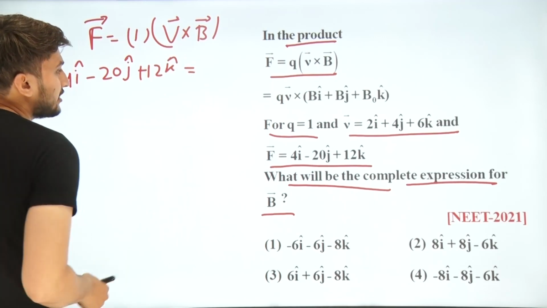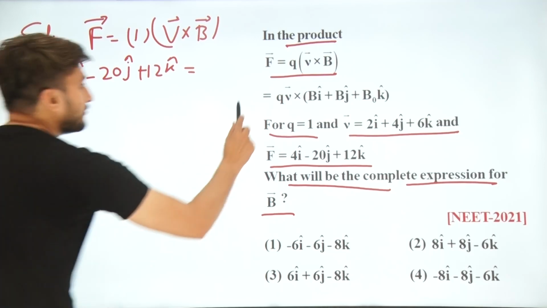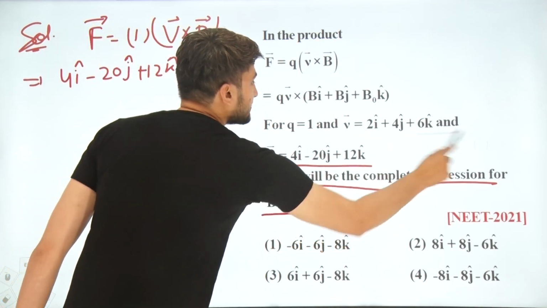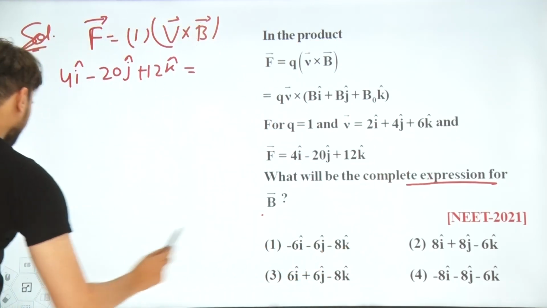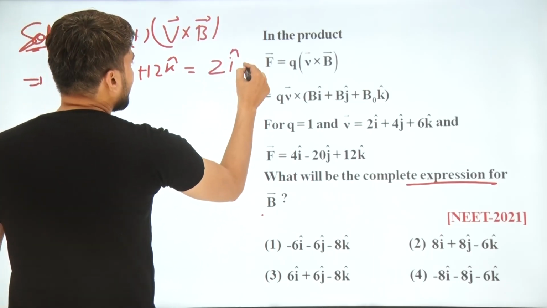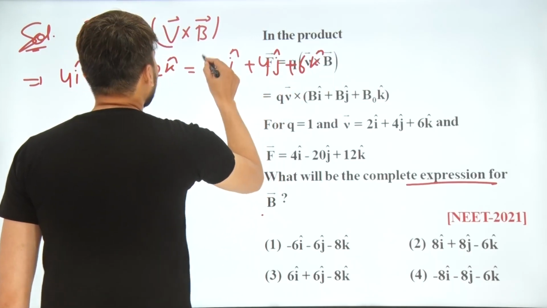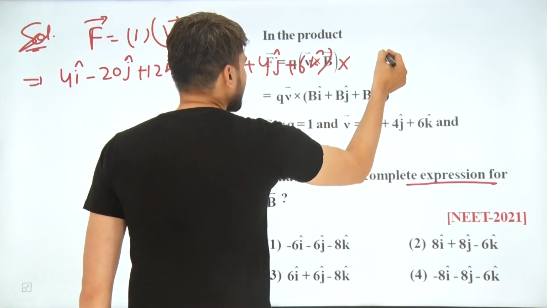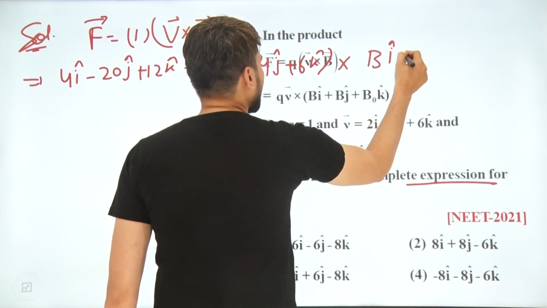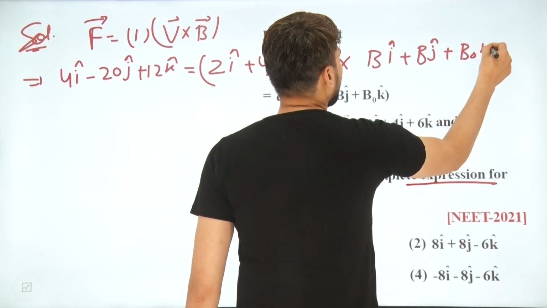The value of v we are given is 2i cap plus 4j cap plus 6k cap, cross B, which is b i cap plus b j cap plus b naught k cap.